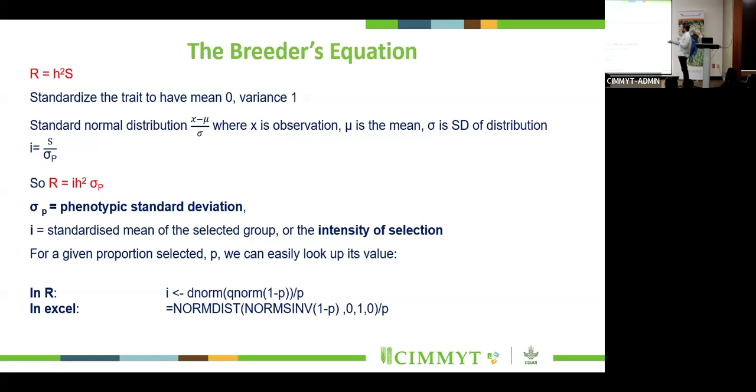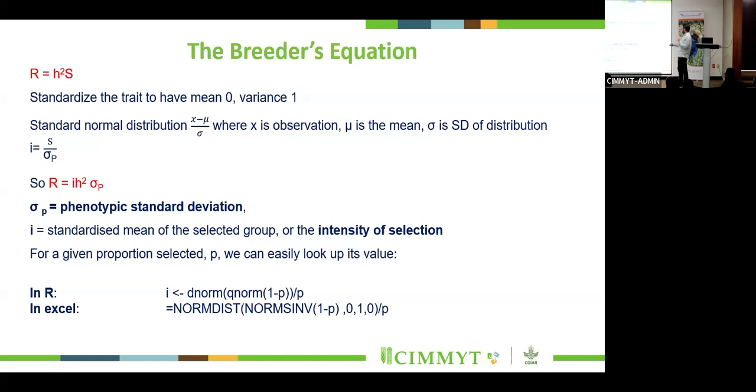So we've taken S, the selection differential, which is the difference in the means divided by the standard deviation, and we've standardized it to I. So I is the standardized mean of the selected group now. But we replace S with I times the phenotypic standard deviation, so we multiply by the phenotypic standard deviation. Now I is the standardized mean of the selected group. It's on the same scale for every trait, every crop, and so on, and this is the intensity of selection.